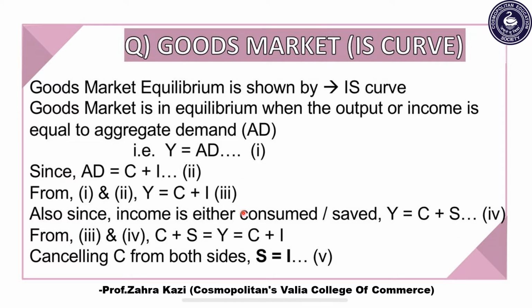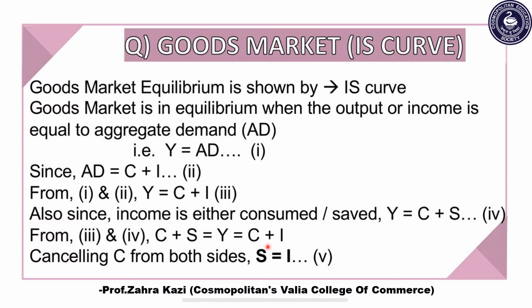Now from equation 3 and equation 4, we know that our income is common. So we will place Y, that stands for income, in the middle, and to the left of that we will write equation 4, that is consumption expenditure plus saving, and to the right of Y we will write equation 3, that is consumption expenditure plus investment spending.